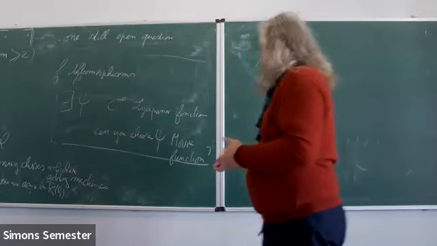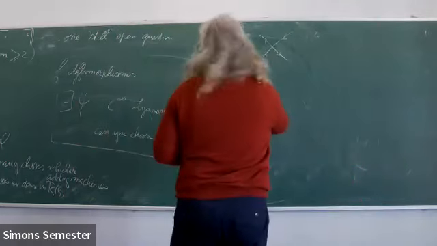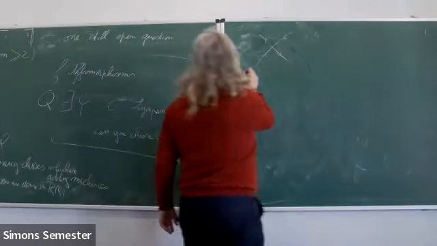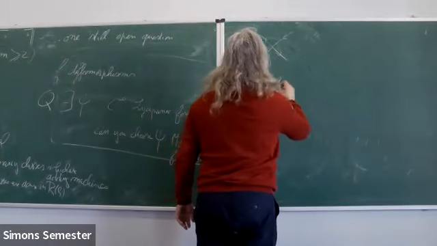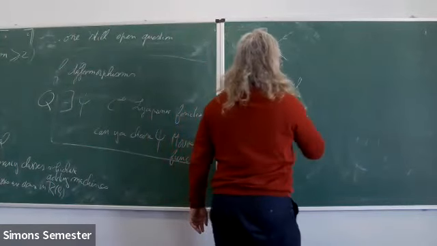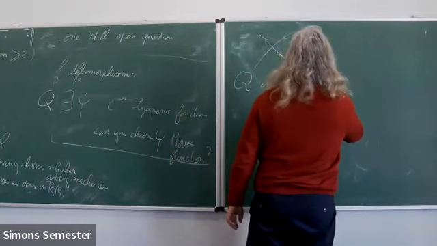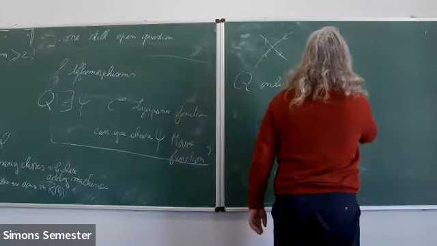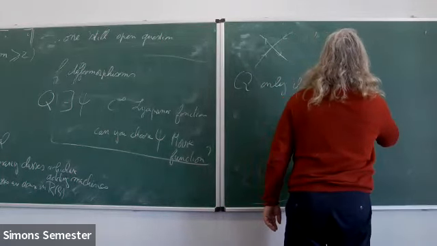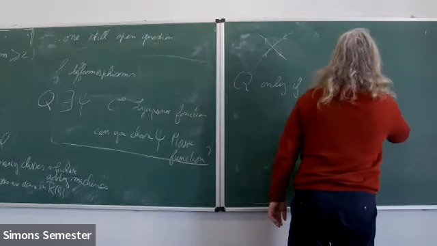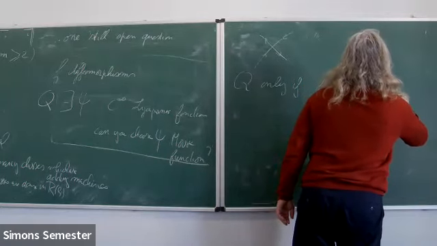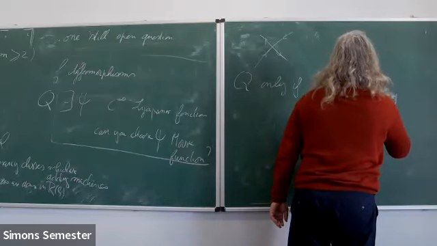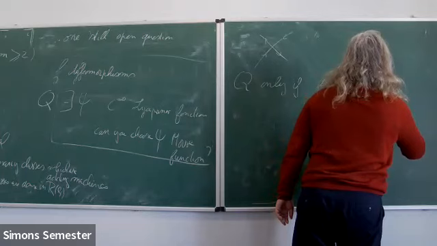So this question only makes sense if your dynamic F has finitely many hyperbolic periodic orbits, finitely many hyperbolic periodic points.